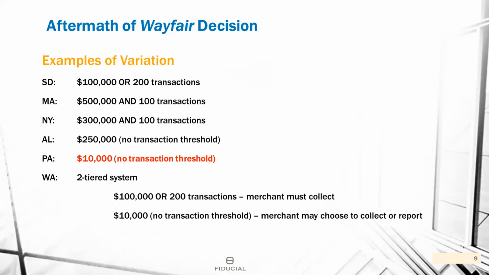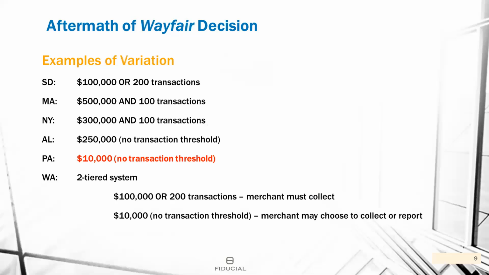Pennsylvania has the lowest threshold that I could find anywhere, and they set their threshold at $10,000, which is very low. $10,000 and no minimum number of transactions. And then the state of Washington has this interesting two-tiered system. If you have $100,000 or 200 transactions in a year, then you have to collect sales tax.